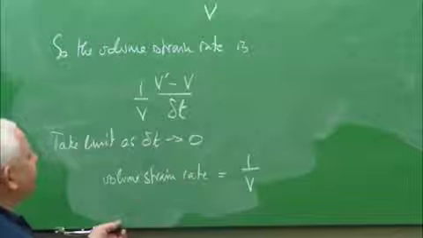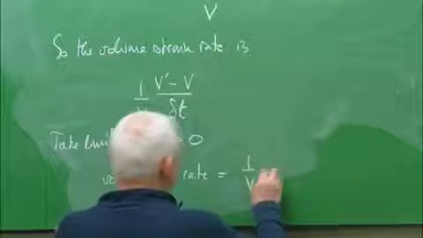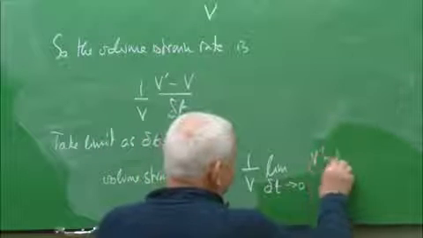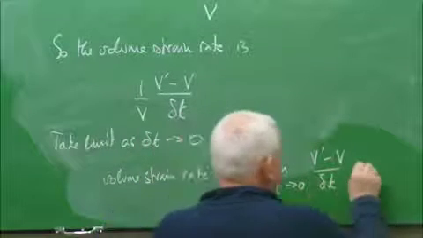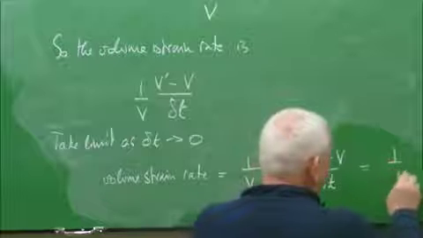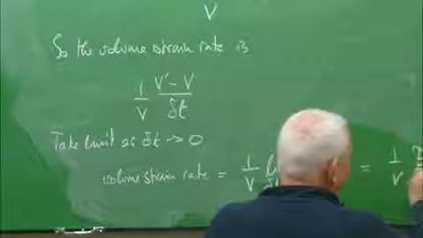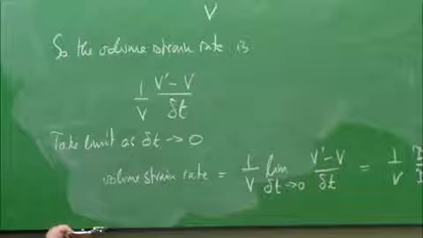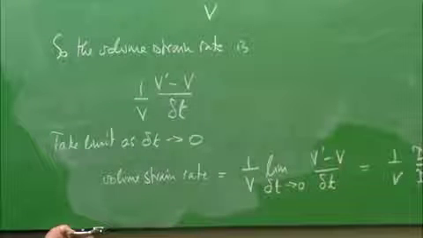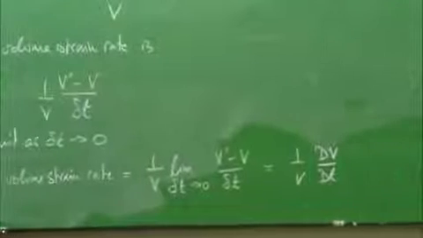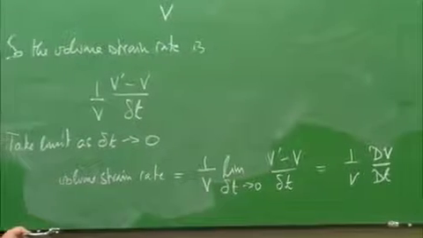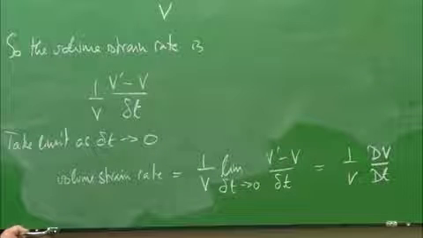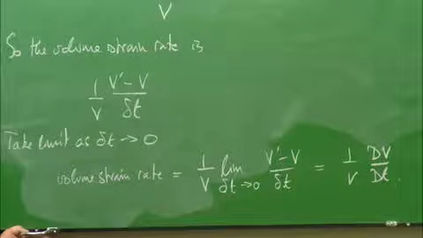What changes is the final volume and the time delta t, so this is the limit as delta t goes to 0 of (V dashed minus V) over delta t, and you see that this is 1 over V times DV by Dt. Why the capital D's? Why the material strain rate? Well, because I'm measuring the volume as I move with the fluid.